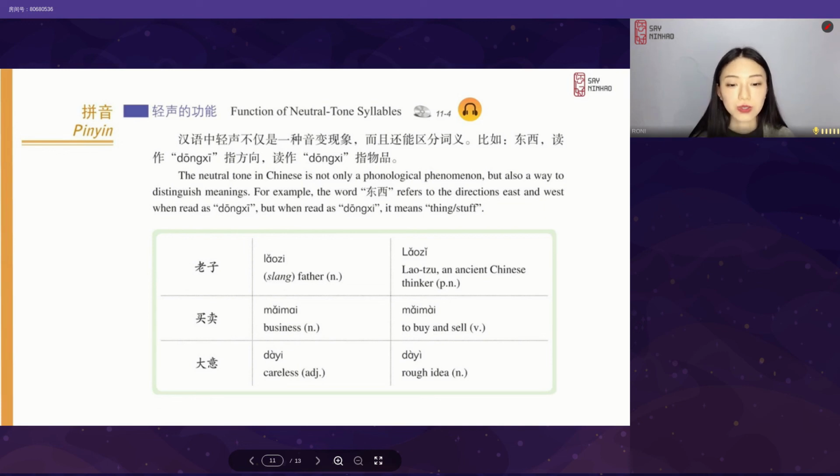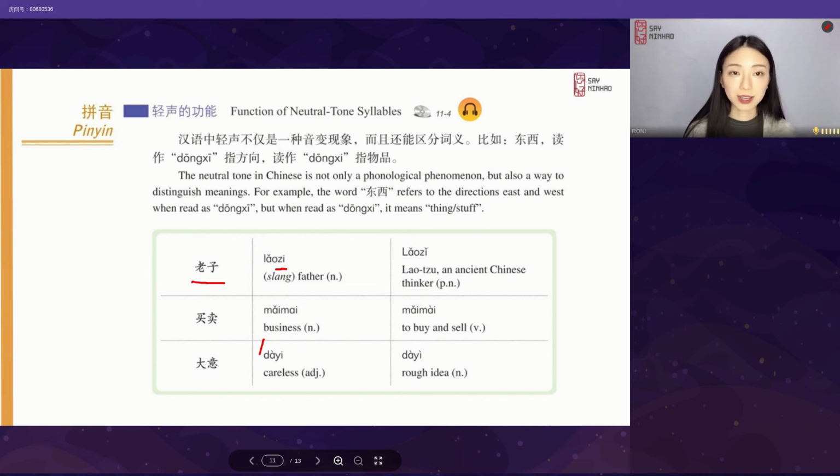Now let's move on to our pinyin part for today. It is the function of neutral tone. We've learned before about how to use neutral tone, and today it is about the function of it. For the neutral tones, if we read the same pinyin in different tones, for example, this one, 老子. If I read this 子, a third tone word, as a neutral tone, then it is 老子, which means father.